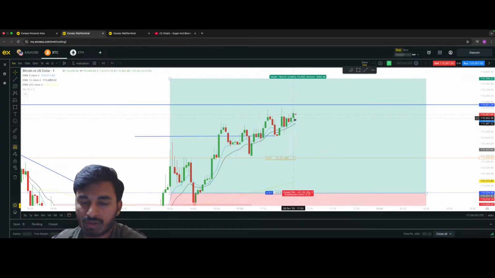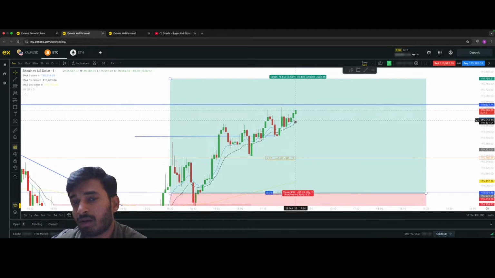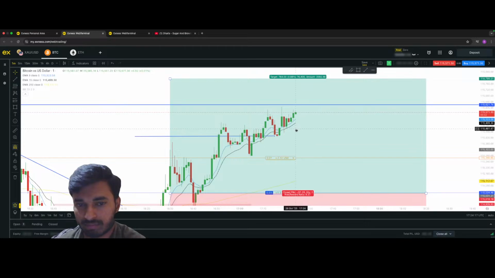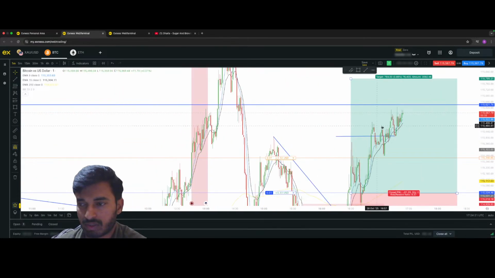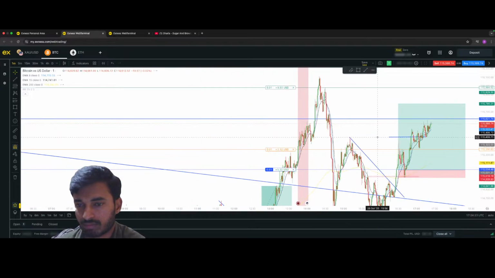So it is consolidating here, which means it might not break out, it might fall from here only, because it is taking so much time. It should not take so much time here to go up.